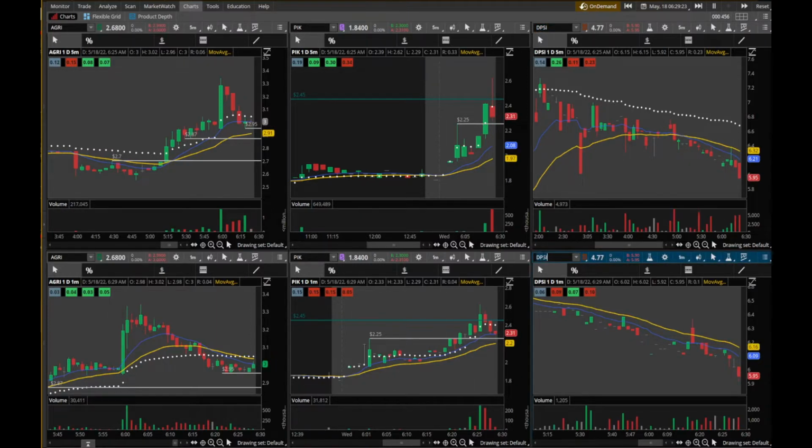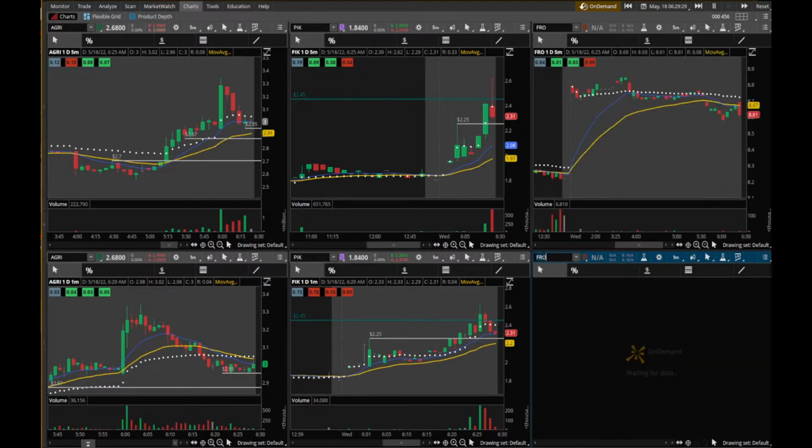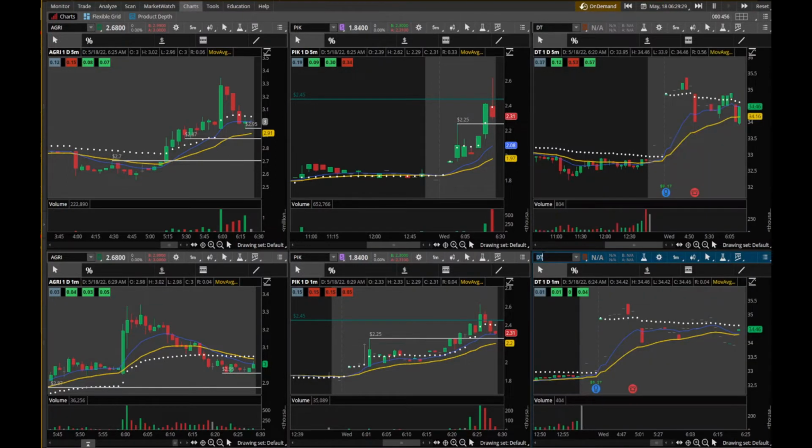On the gap scan you have MX but no volume. It's got a tiny bit of volume, but it ain't much. You've got FRO, no volume. You got DT, no volume.